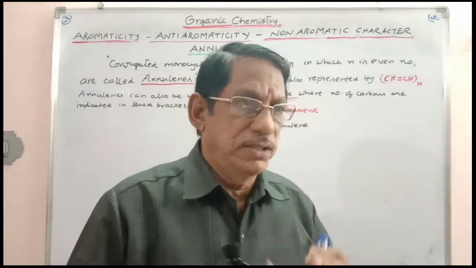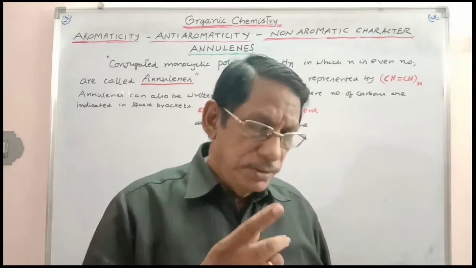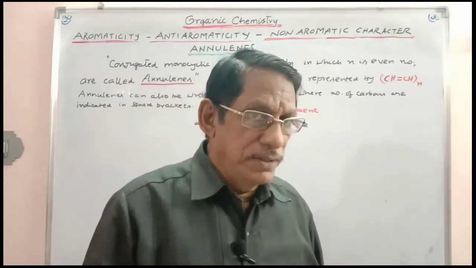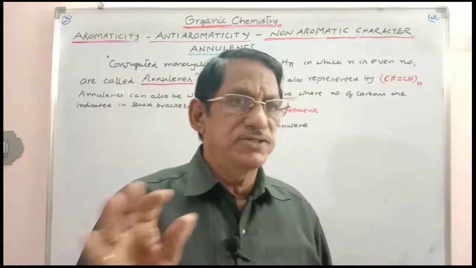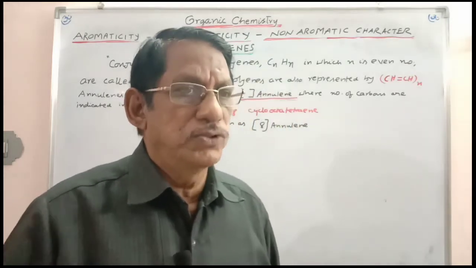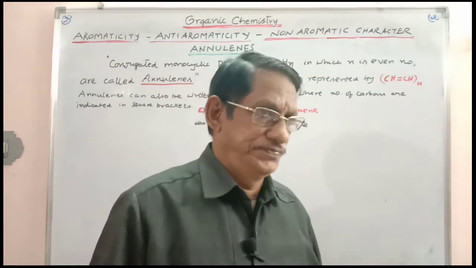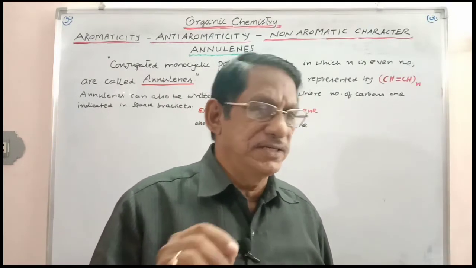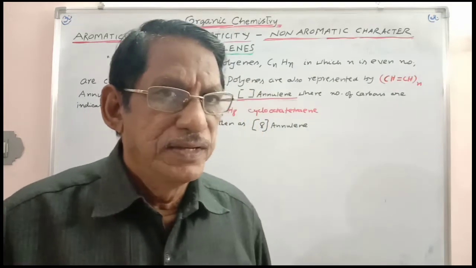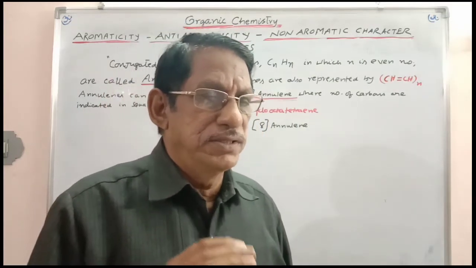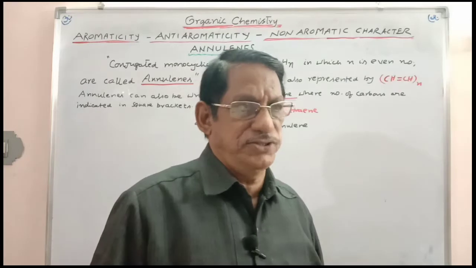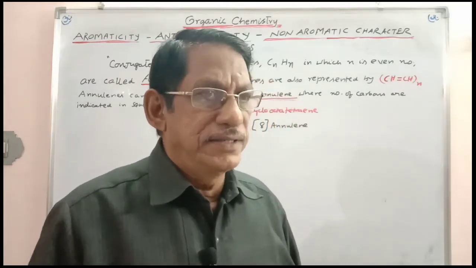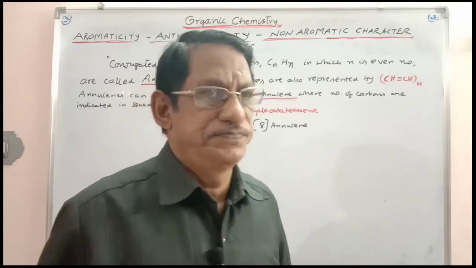What is meant by annulene? It should be a cyclic compound, a monocyclic compound, having a conjugated pi bond system throughout the periphery of the molecule. At the same time, it has the formula CnHn, where n should take only even numbers, and these are nothing but the polyenes.